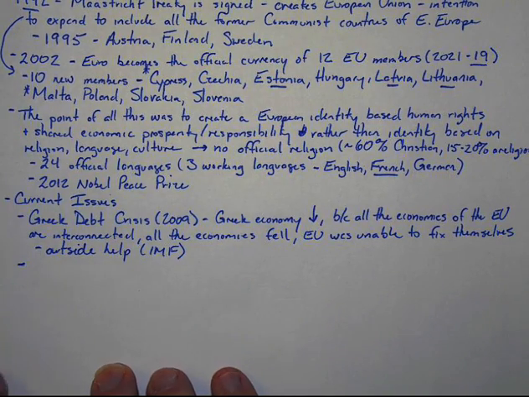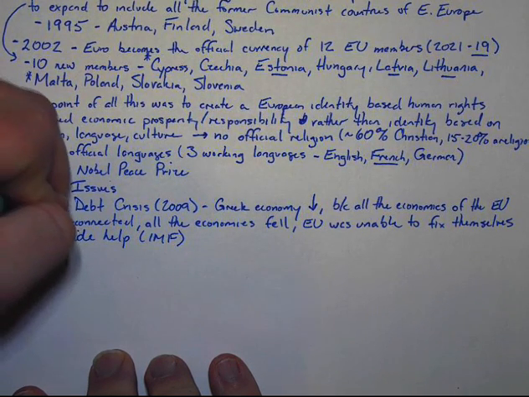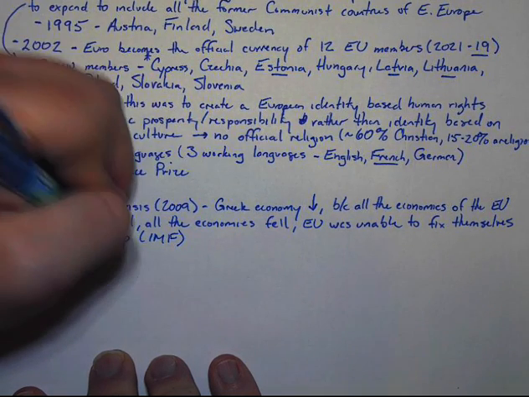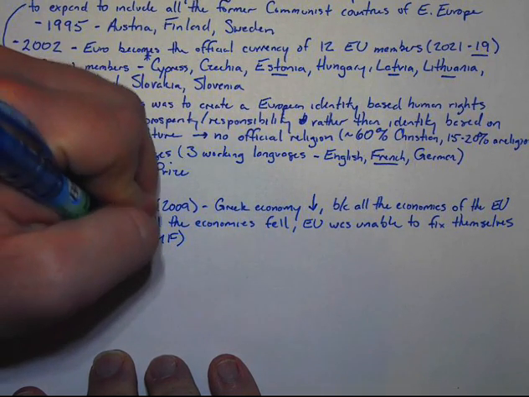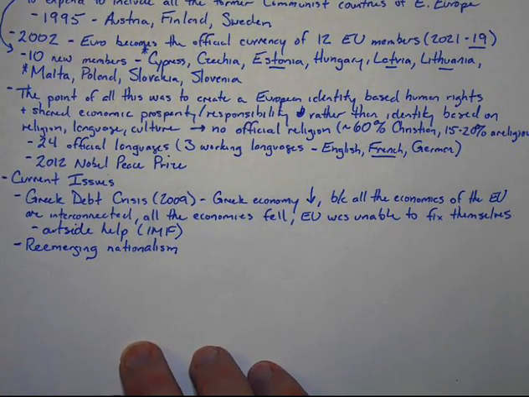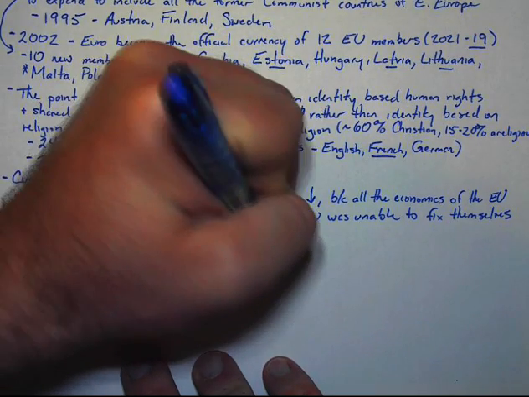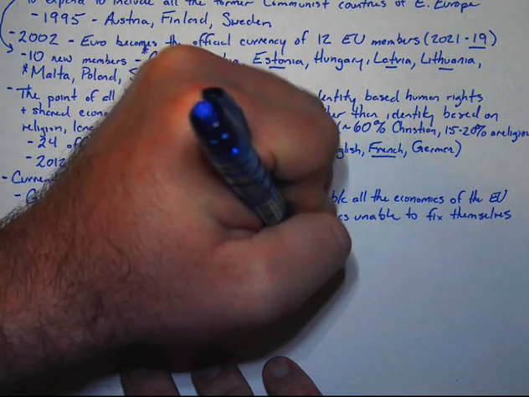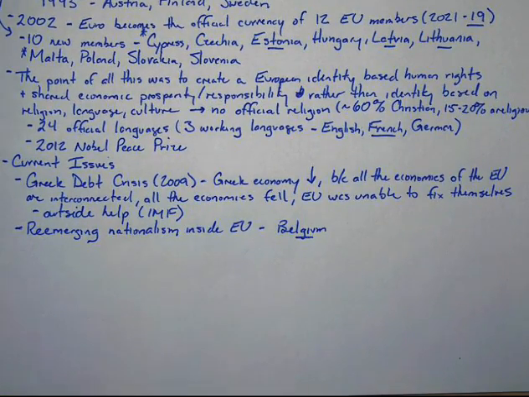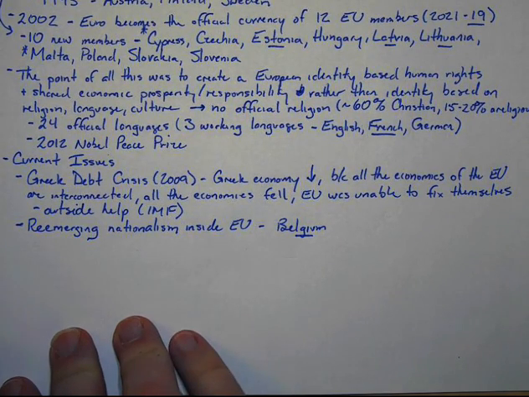The other problem is a re-emerging nationalism inside the EU. Now, we've already talked about one example of this in Belgium, but there are some other examples that are troubling.